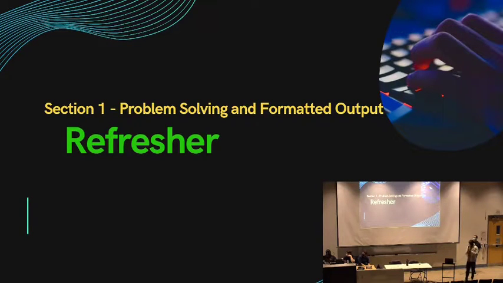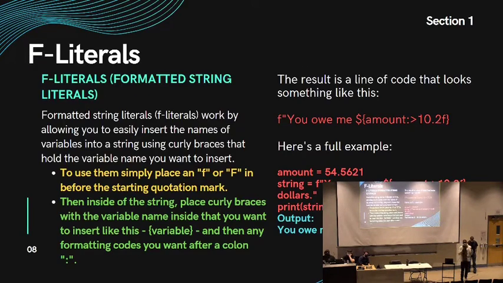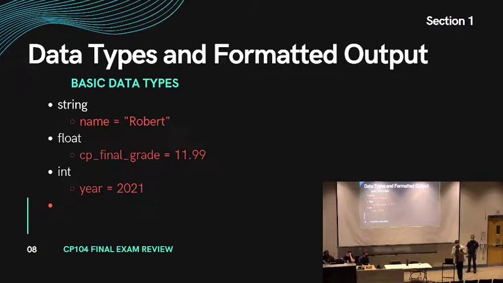Okay, let's go into a quick refresher on formatted output and different data types in Python. By now, I'll be absolutely sad for you if you don't know the basic data structures, the basic elemental structure in Python, all right? We got strings, integers, floats, and the last one we don't have right there, which is arrays.